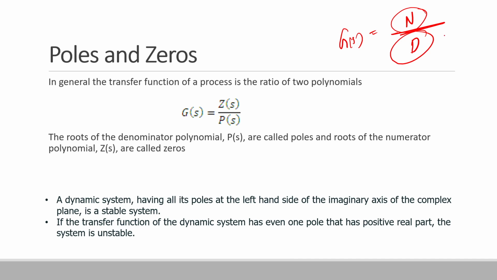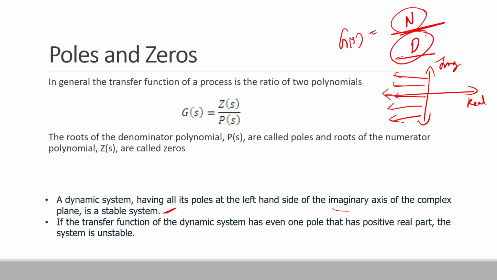Then we have a stability criterion: a dynamic system is stable if it has its poles on the left hand side of the imaginary axis on a complex plane. We discussed it earlier also. If this is my real axis and this is my imaginary axis, and the roots of the denominator lie on this half of the plane, then we can say that the system is stable.